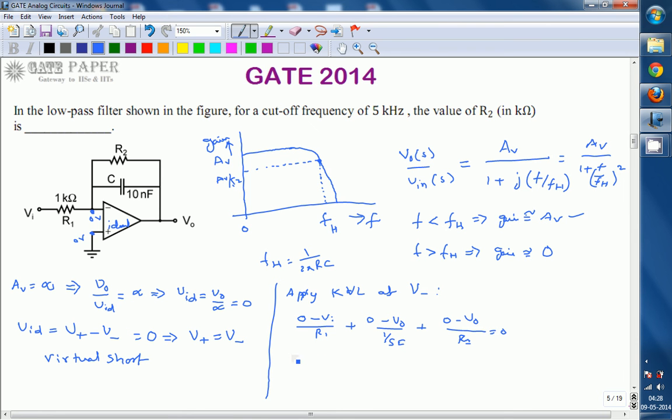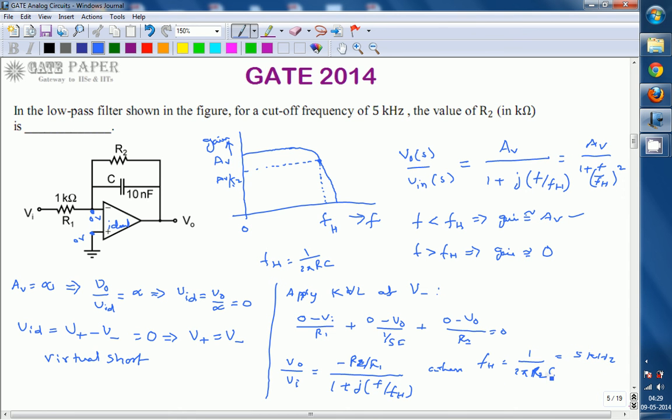From this we can simplify the equation as V0 divided by Vi equal to minus R2 divided by R1 times 1 plus j f by fh, where fh is equal to 1 by 2 pi R2 C, which was given as 5 kilohertz.